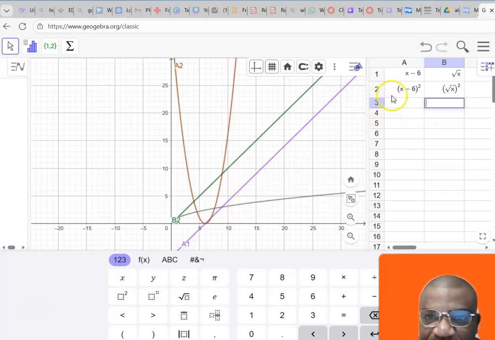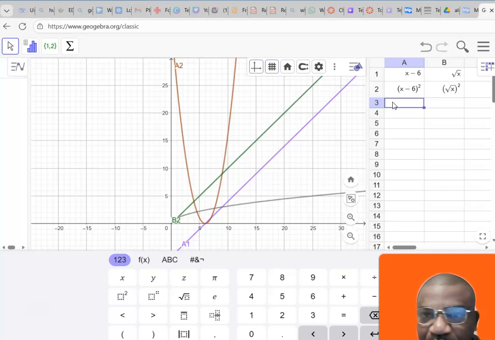So let's proceed. Now, since we have squared both sides of the equation, we can get rid of this square root here. In the normal algebra setting, we can expand. So let's say expand A2. Make sure, don't forget your close bracket, your parentheses.